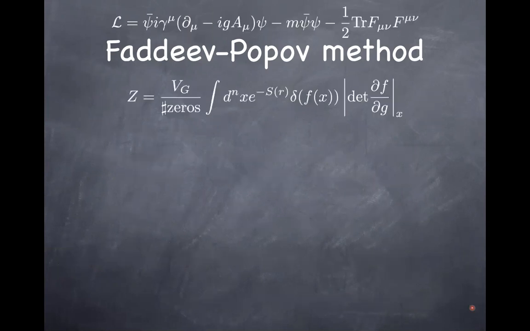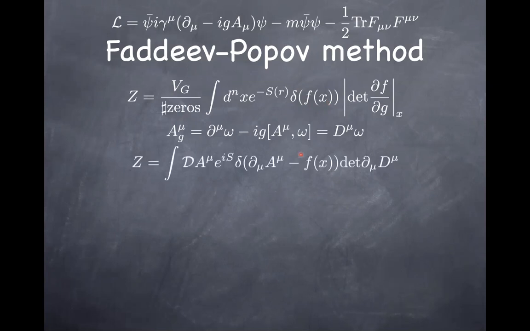All right. So the general Faddeev-Popov method is sticking in this identity, that the integral over the gauge volume can be done with a delta function and the determinant. In the case of gauge theory, this f of x now turns into the gauge fixing condition, like del mu A mu is fixed to some function f of x.